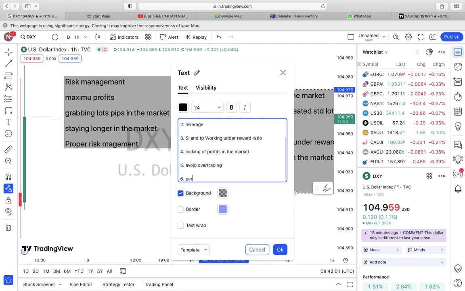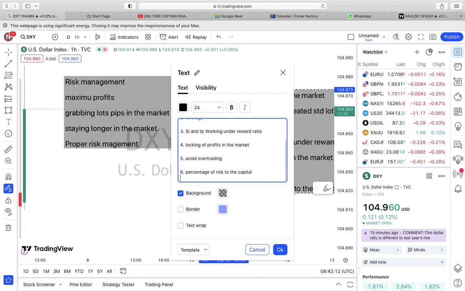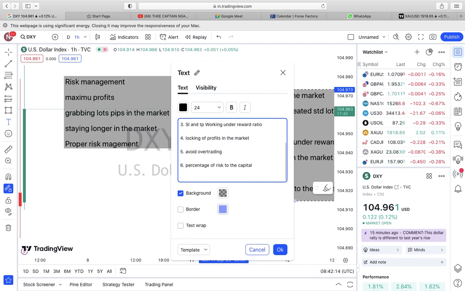Percentage of risk to the capital, that is a quantifiable risk in the market. Another thing is identify key zones and exit zones. Have an exit plan in the market.